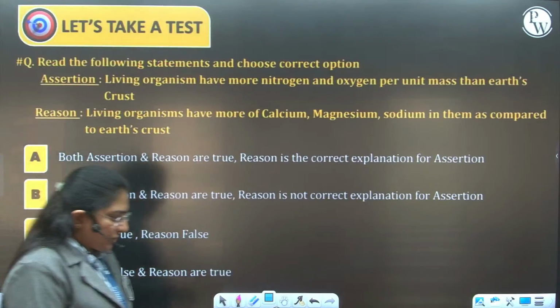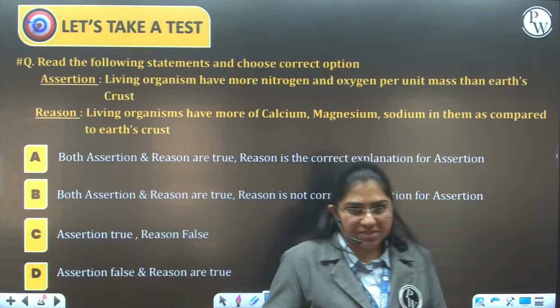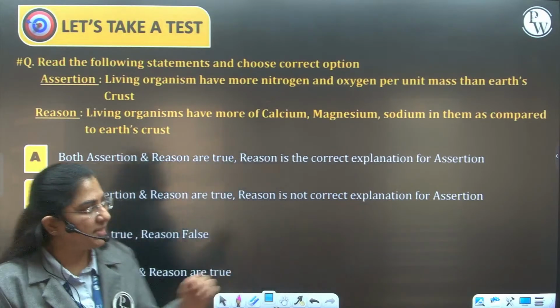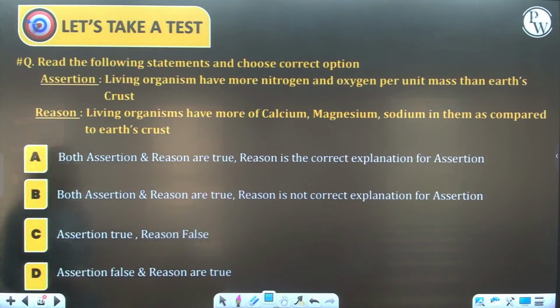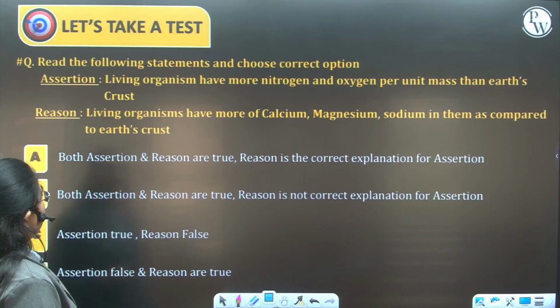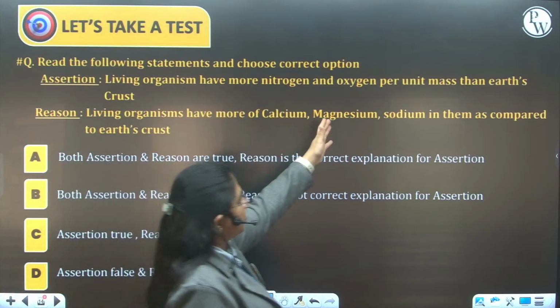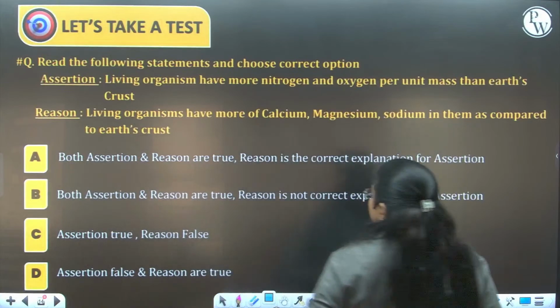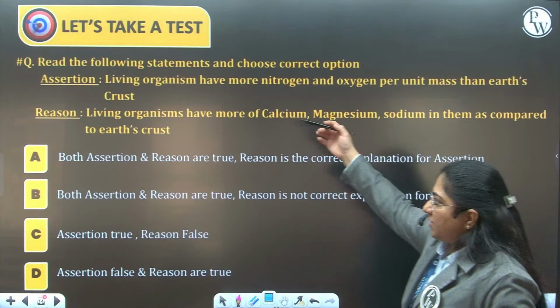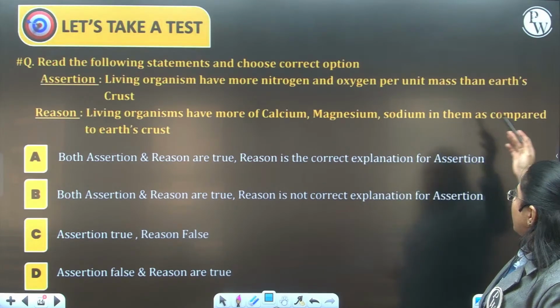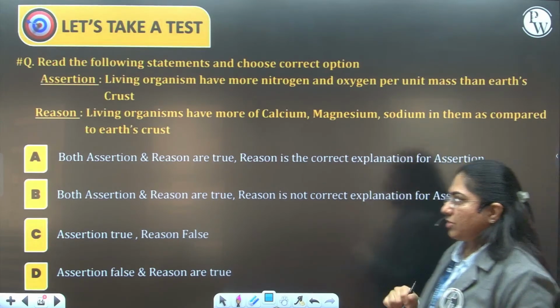Moving ahead, since we've discussed the basics of what is present in the body, organic and inorganic, let us have a look at a question. The question is assertion and reason. Assertion: living organisms have more of nitrogen and oxygen per unit mass than the Earth's crust. Reason: living organisms have more of calcium, magnesium, sodium in them as compared to the Earth's crust.